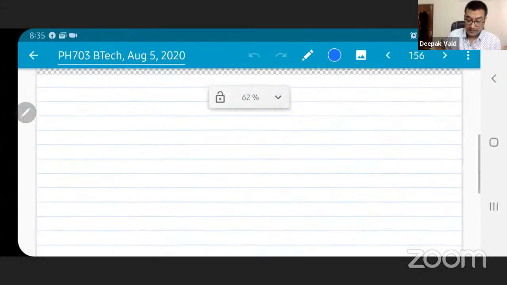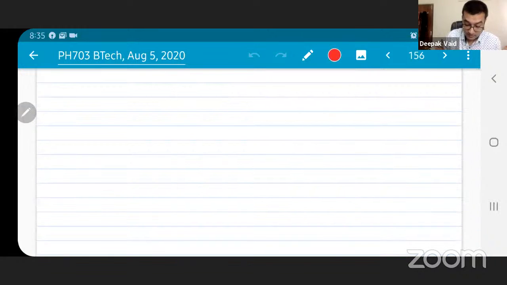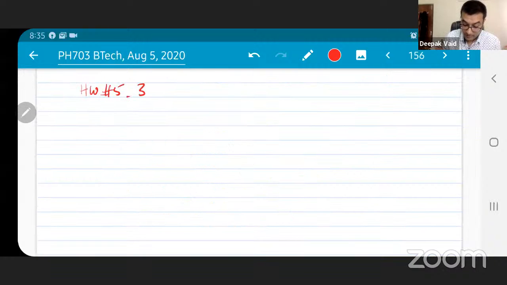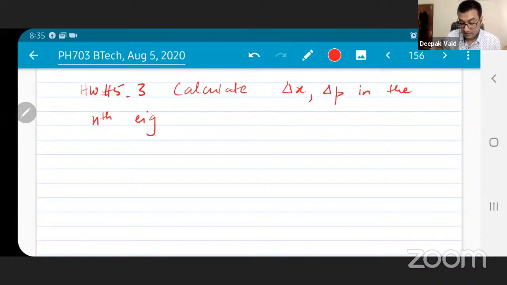Okay, and so this is homework number 5.3. Calculate this delta x, delta p in the nth eigenstate, the number operator eigenstates, right?